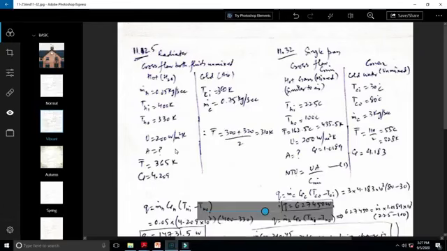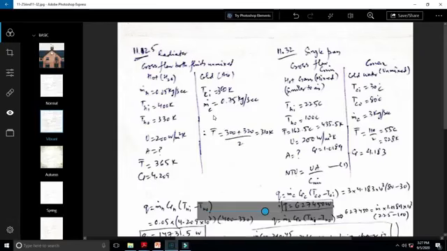Over here we would not be able to use the LMTD method at this point in time. The reason is that we do not know all four temperatures, rather we only know three. We know both the hot inlet and hot outlet temperatures, but we only know the cold inlet temperature and not the cold outlet temperature.